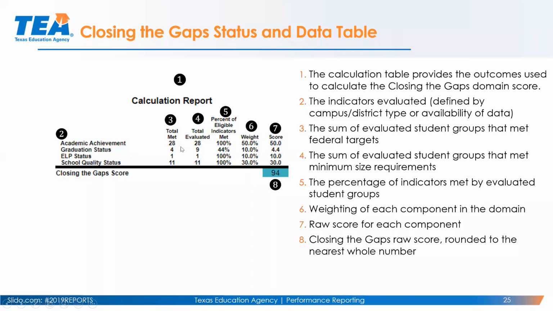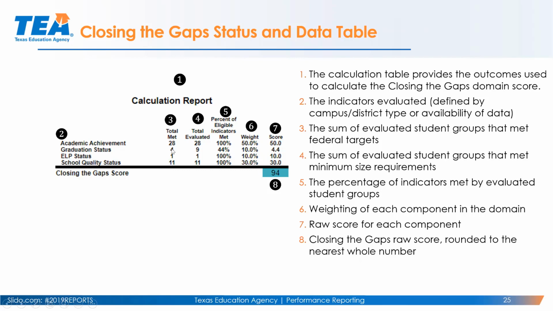Of those, 28 or 100% met those targets necessary that were our federal targets. So 28 over 28 is 100% of eligible indicators met. Now that percentage is weighted at 50%. So academic achievement counts for 50% of this grade. 100 times 50.0 gets me a 50 score.